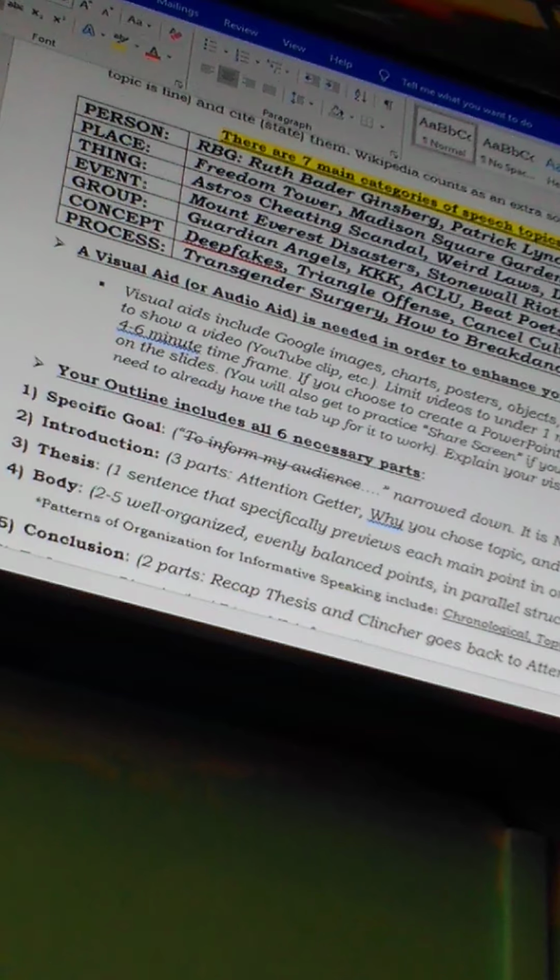I thought that's really neat. I'm going to look into it. So if you want to look into it first. A thing. I get lots of sports fans in here, maybe the Astros cheating scandal from a while back, or anything else. There's events and groups and concepts and processes.